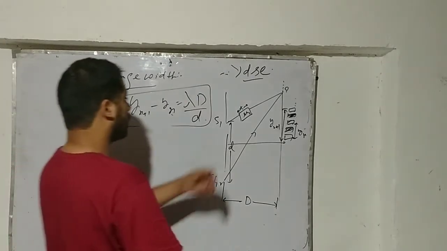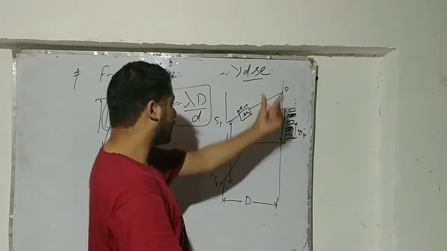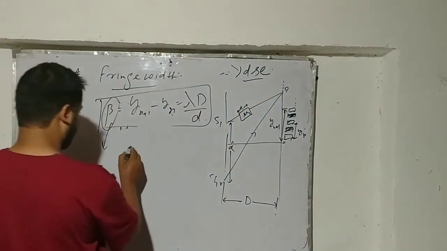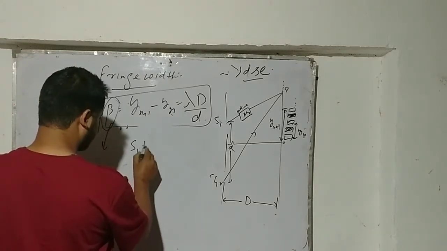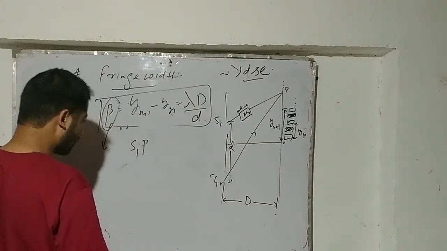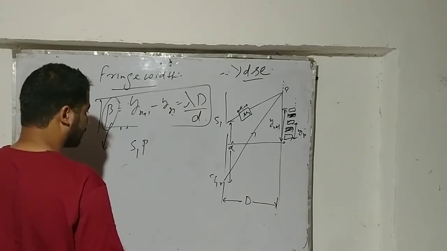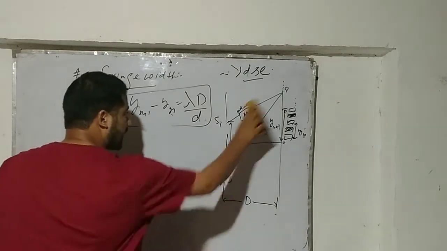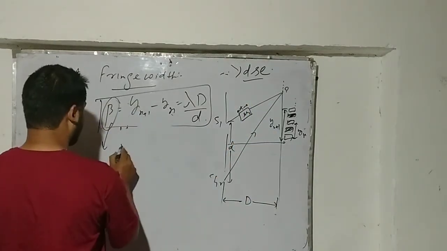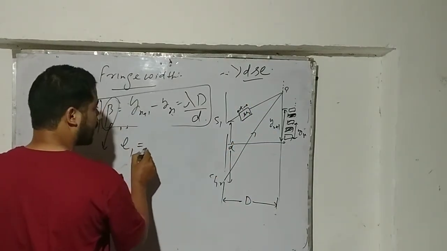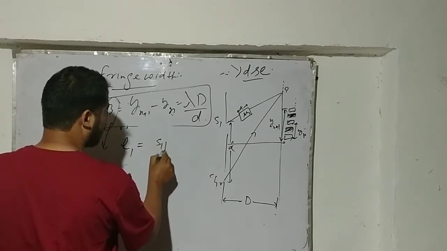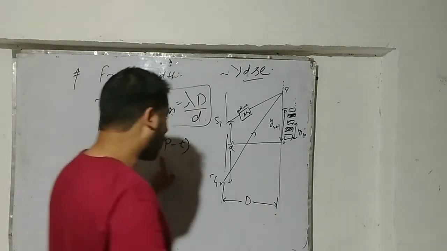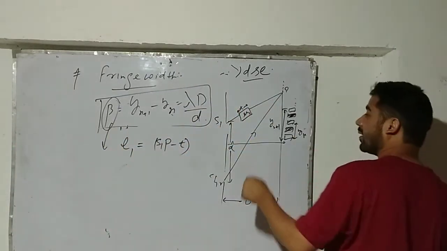For that, look, when we talk about S1P, how can I calculate this path length, S1P? Let me look here. I will mention this path by L1. My L1 will simply be S1P minus T, meaning the path length covered by the light ray.